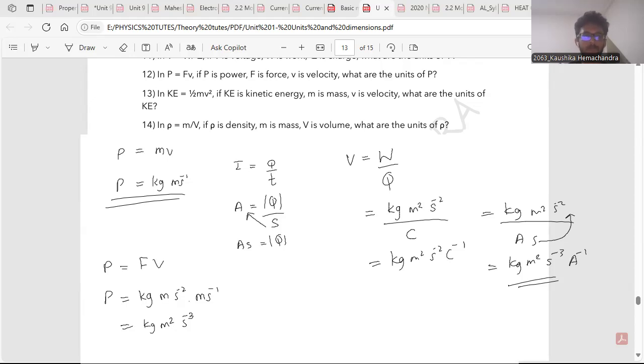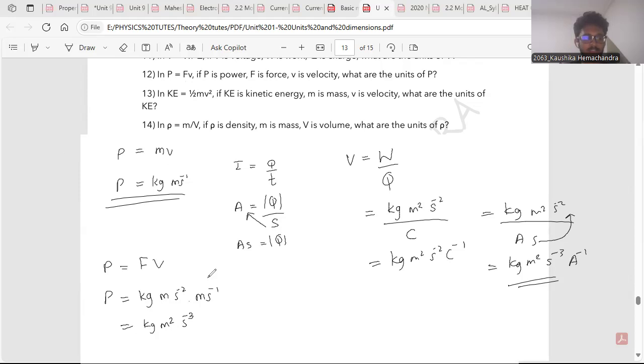Right. Power is kilogram meter squared per second to the power 3. Right?